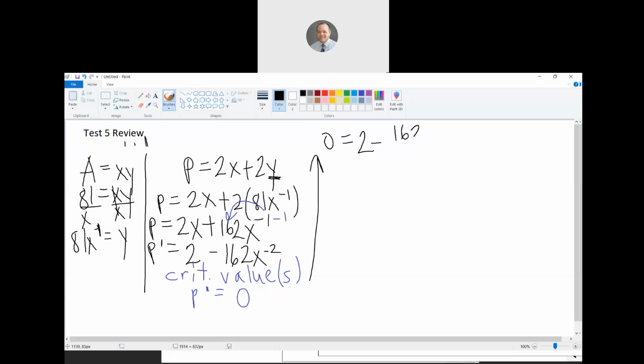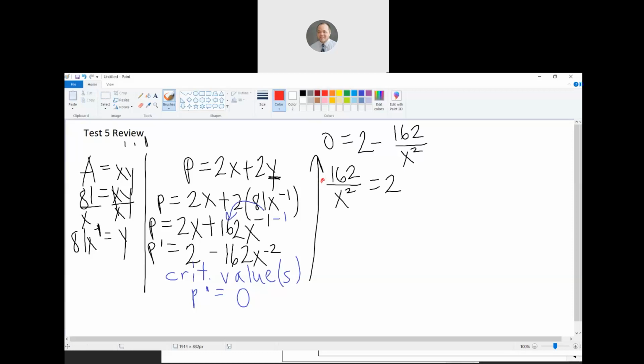That would be 162 over x squared. And I'm just moving that fraction to the left side, and just solving for x at this point.